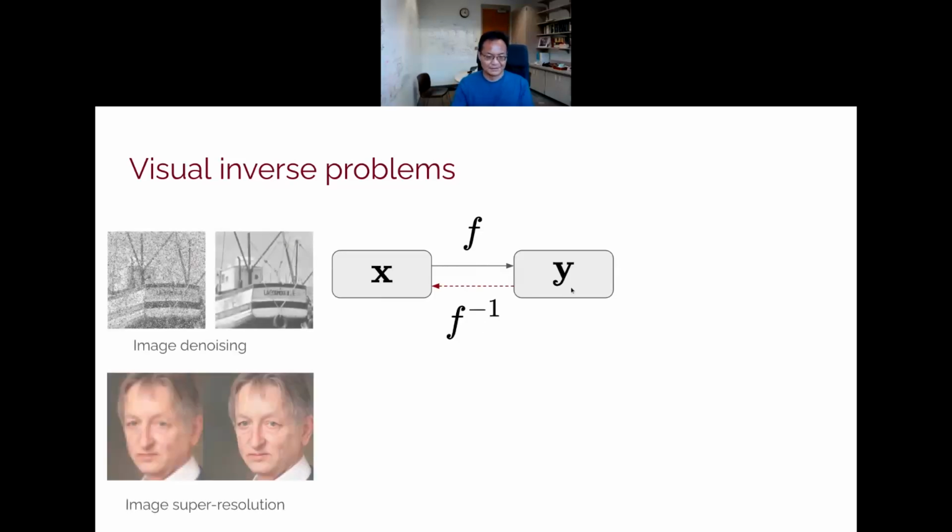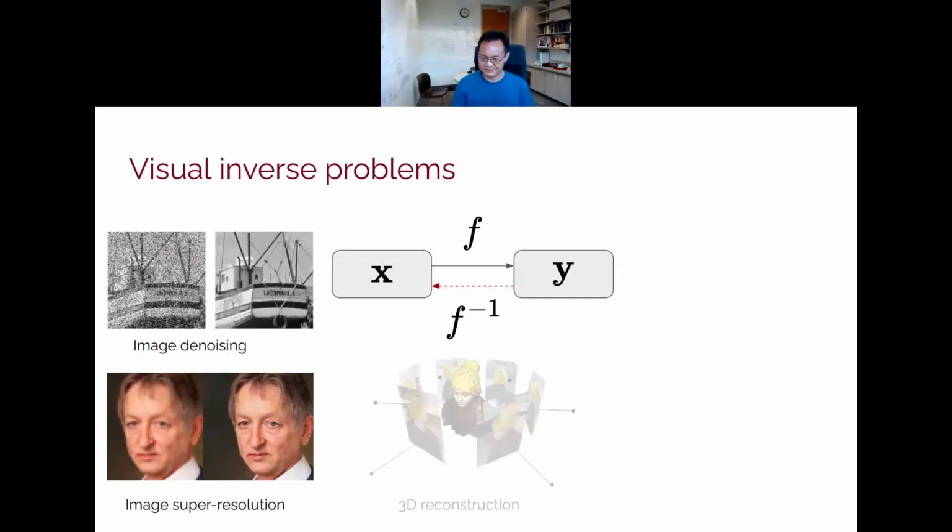And there are so many visual inverse problems in computational imaging, computer vision, or in general signal processing or applied math. The low-level problems like image denoising and super resolution are already very classic image processing. The whole field of 3D computer vision is about trying to reconstruct 3D objects from multiple images.